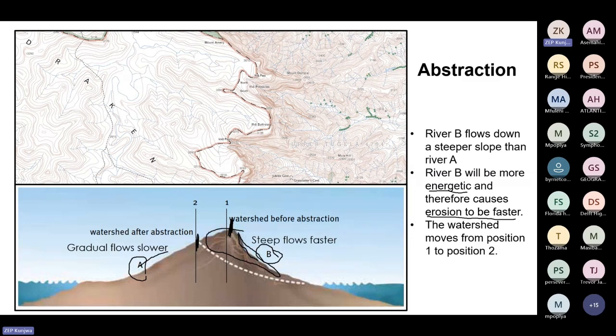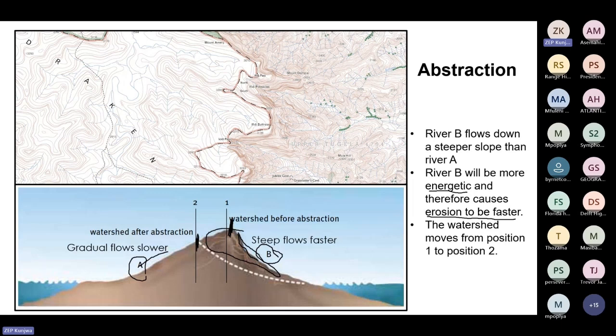This is the concept of abstraction. I'm not sure if you understand. The river has shifted the watershed to be in a new position, which means the land was higher, but now it is a bit lower because of the continual erosion which has happened.